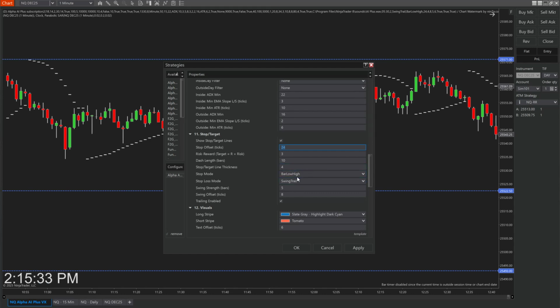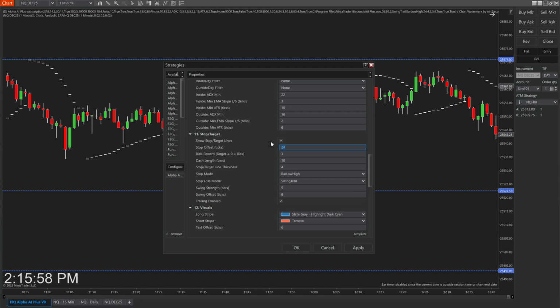Before I talk about the risk reward, we have here something called stop mode. For the stop mode, you can choose between bar low and high, or swing. If you choose bar low and high, the stop line will be 24 ticks stop offset above or below the high of the bar or low of the bar.